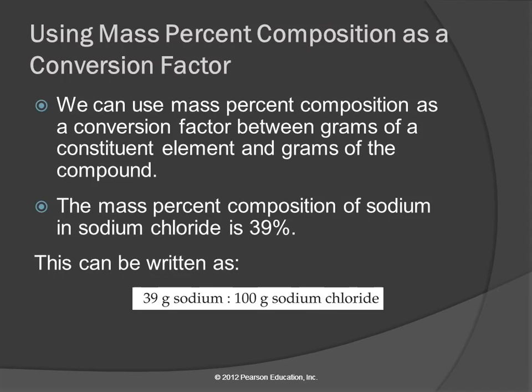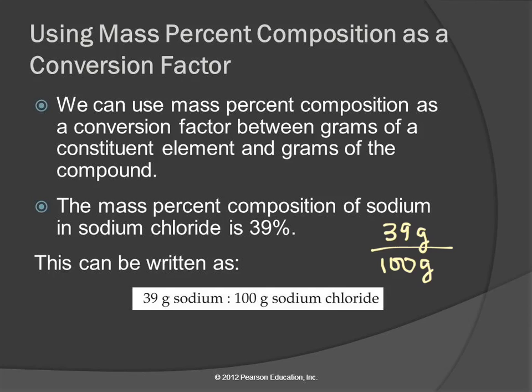So here we're told the mass percent composition of sodium in sodium chloride, and we're slowly getting back to that initial question, is 39%. 39 grams per 100 grams. Percent. Per 100. 39%. 39 grams per 100 grams.